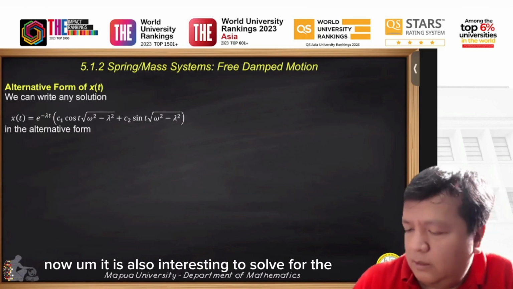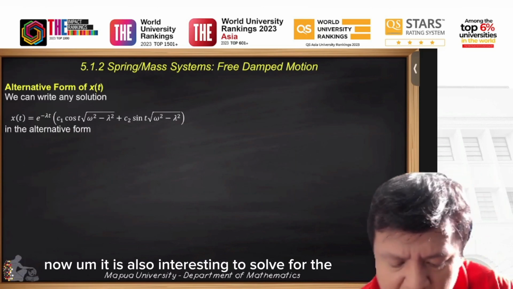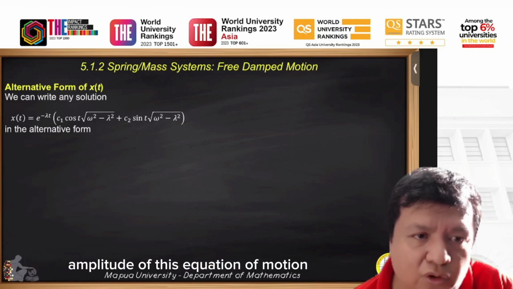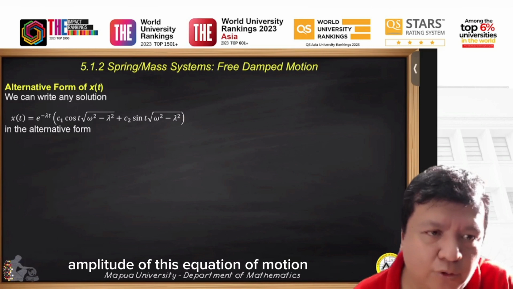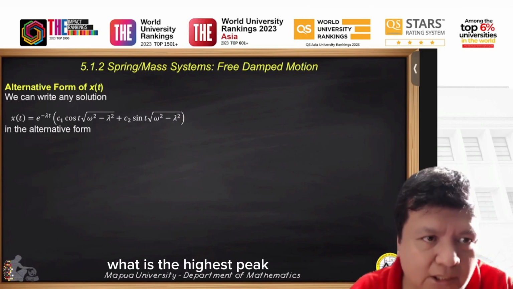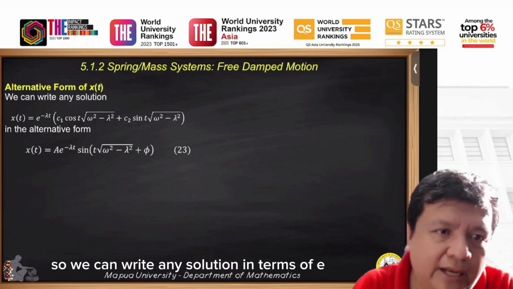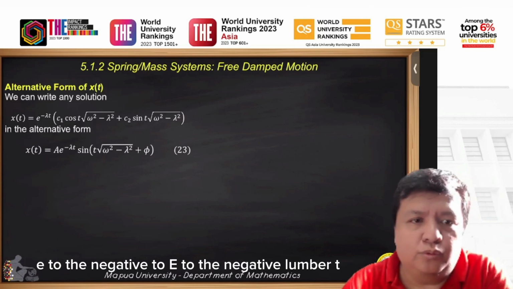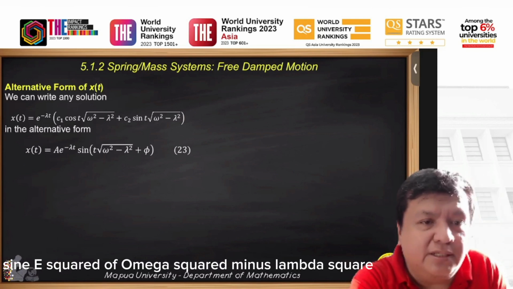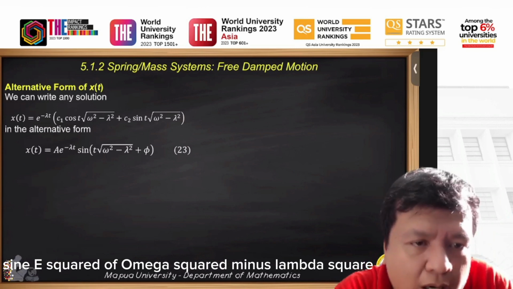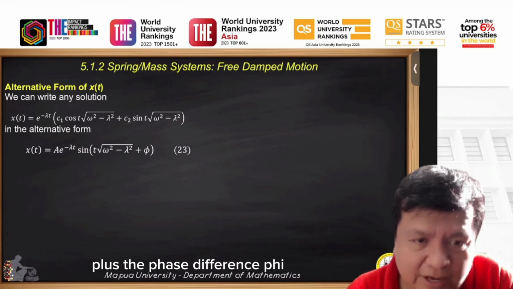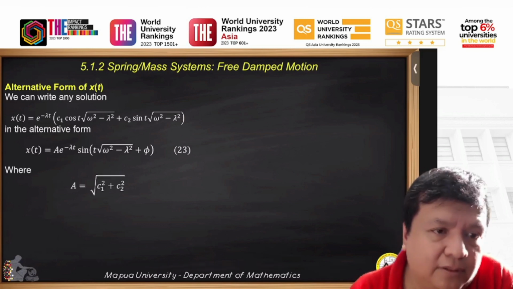Now, it is also interesting to solve for the amplitude of this equation of motion. What is the highest peak? We can write any solution in the form A e to the negative lambda t sine of square root of omega squared minus lambda squared times t, plus the phase angle phi.